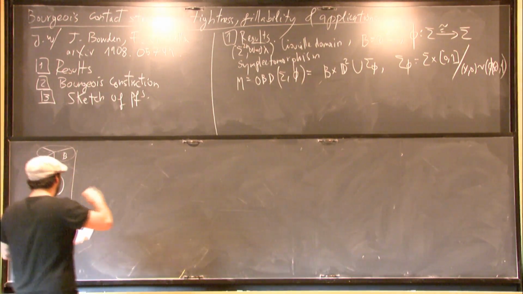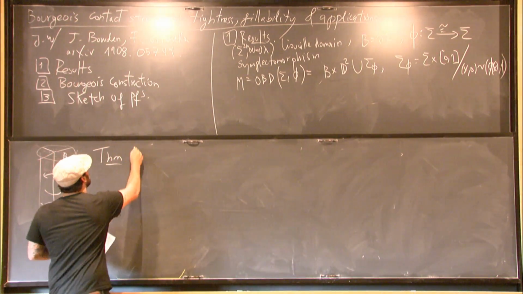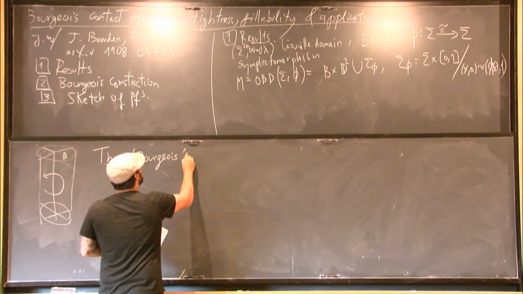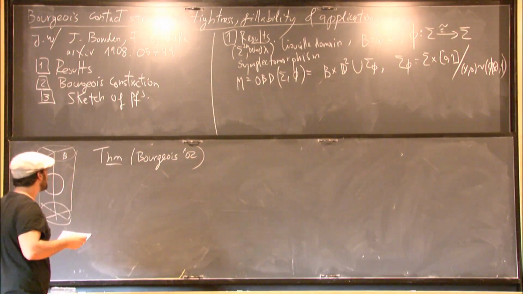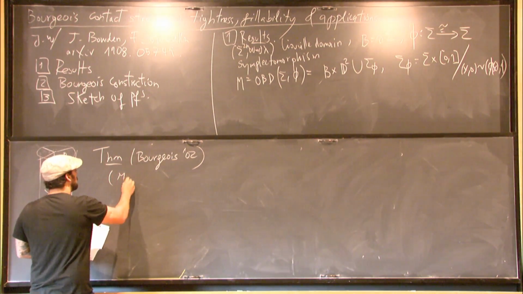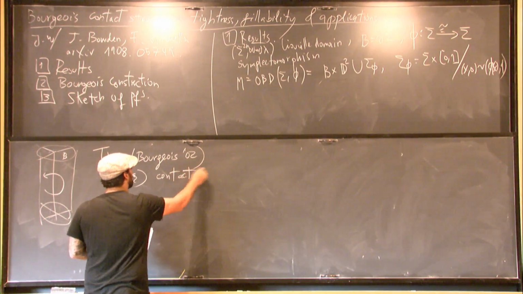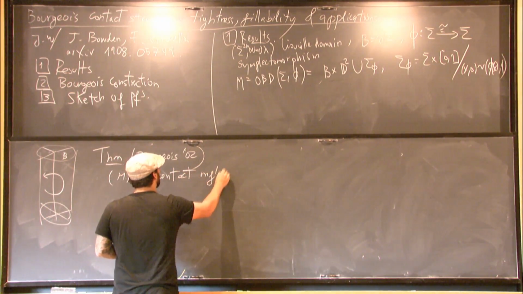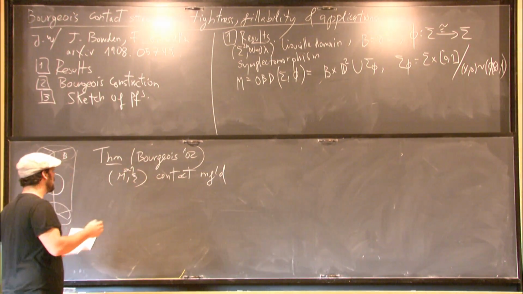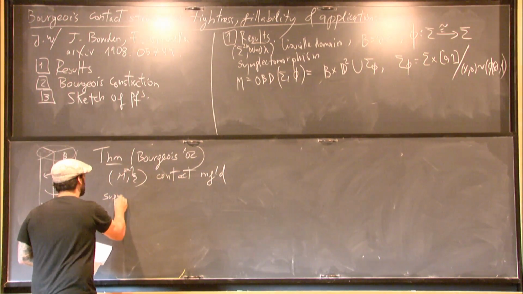Right? So the first part of the story starts with the following theorem due to Bourgeois in 2002, which says the following. So you start with some contact structure. This is a contact manifold, say of dimension 2n minus 1, and you take some supporting open book decomposition as above.